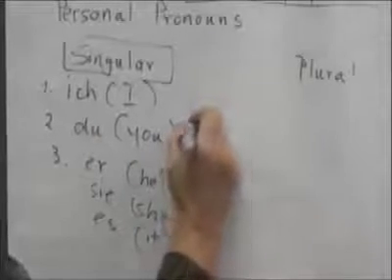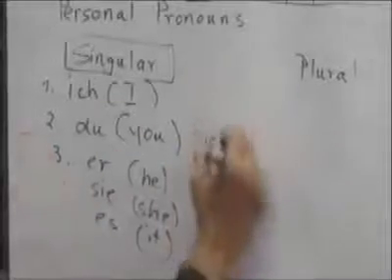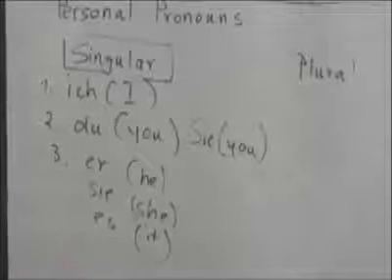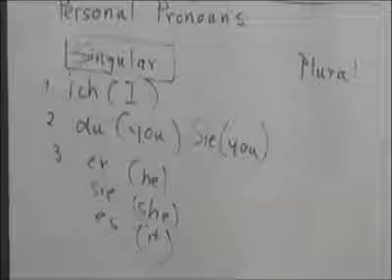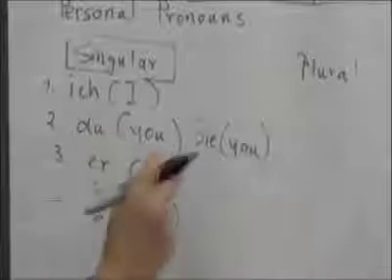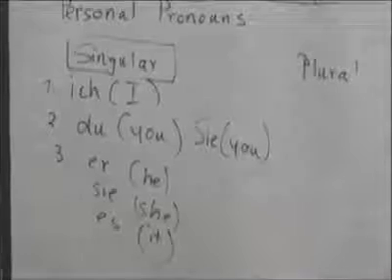We have to use Sie, capital S-I-E, and that means you, formal. So if I give somebody a title or I address somebody with a Mr. or Mrs., I don't say du, I say Sie. That's a very important cultural difference. You have to keep that in mind.